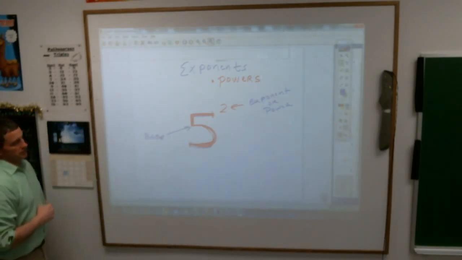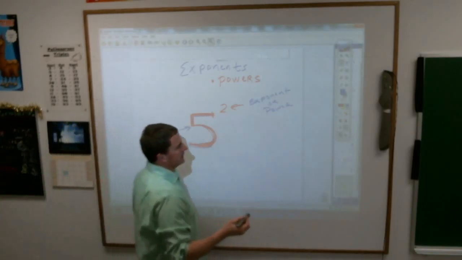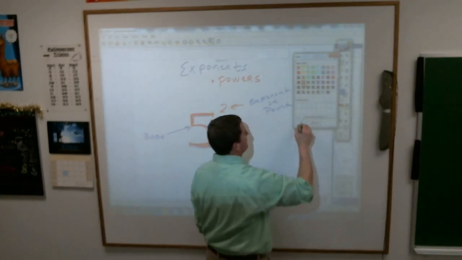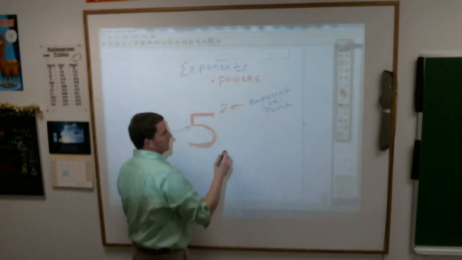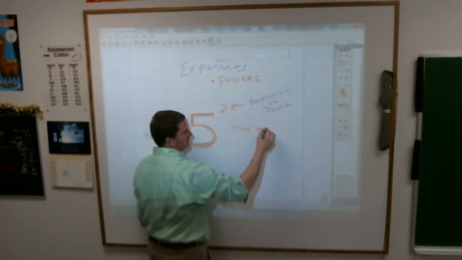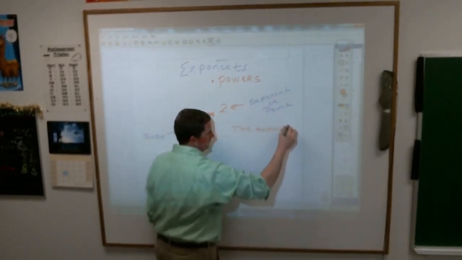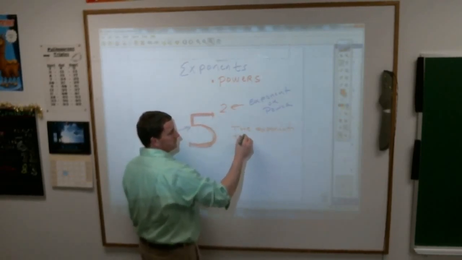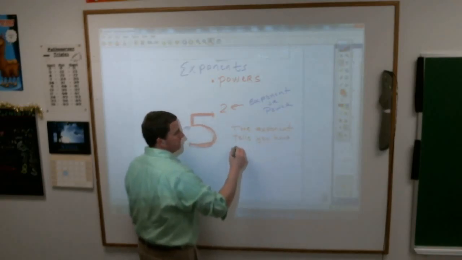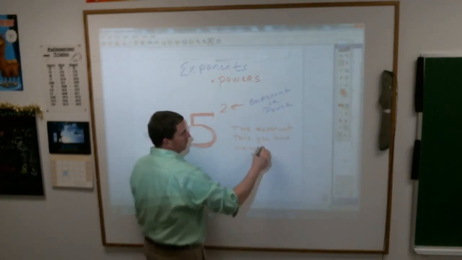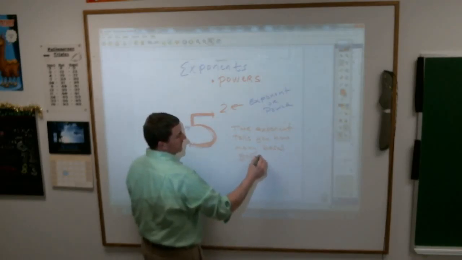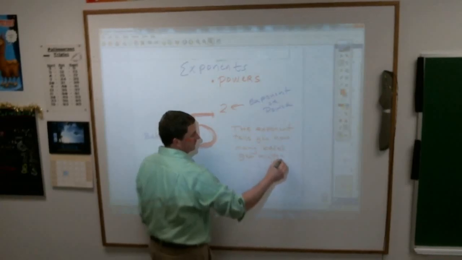And here is the spiel with exponents, which you should write down, which you won't understand, but that doesn't mean you shouldn't write it down anyways. The exponent tells you how many bases get multiplied together.